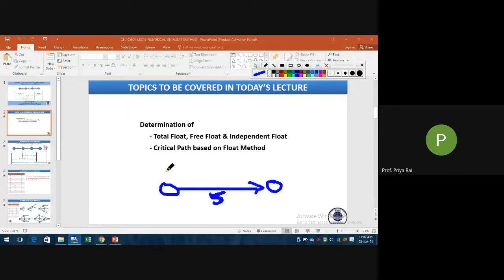If you start from the 0th day and work till the 5th day, the remaining 2 days will be your relaxation period. So that is your float. The total time period provided to you is 7 days. Out of 7 days you are using 5 days, that means 2 days you will rest.